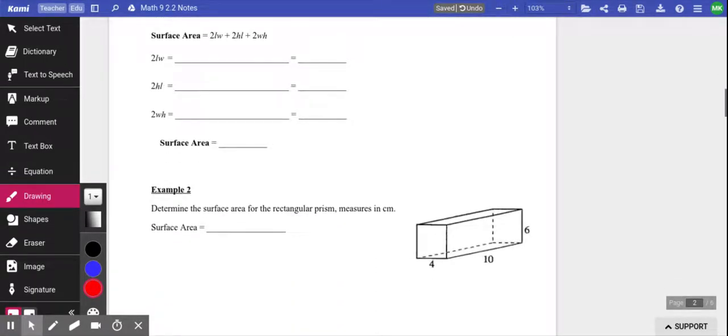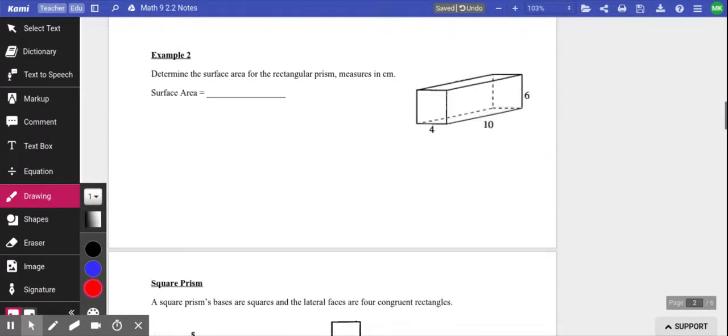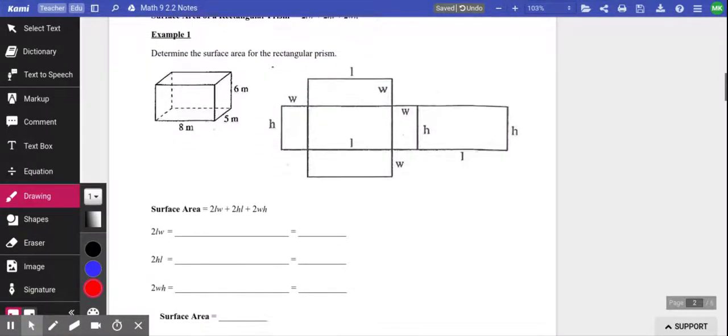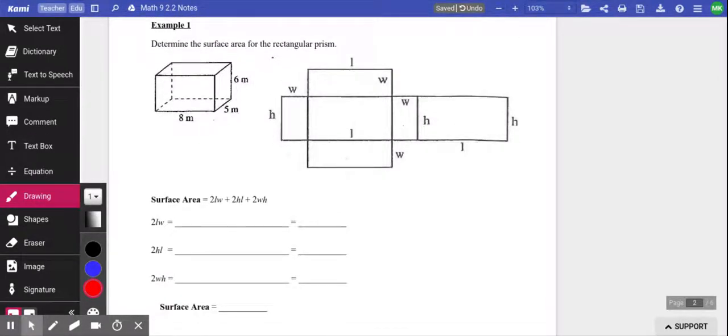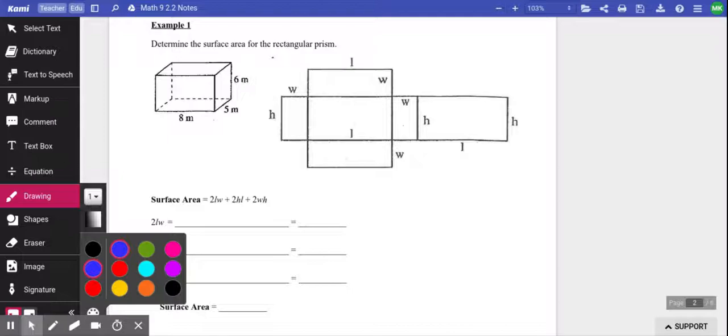Okay. We'll do one more together, then I'm going to let you try one on your own. Okay, so we have this wonderful shape here. We're going to try to calculate the surface area of the entire thing. We're going to break it into its sections. I'm going to start with the sides first.